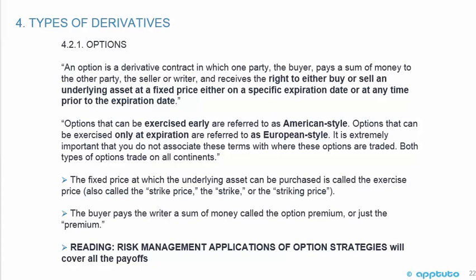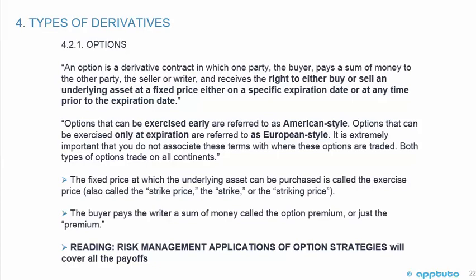Now in the text in this chapter, there are quite a few pages with charts and the payoffs, but in the reading on risk management applications of option strategies, we'll cover all the payoffs. So I'm not going to get into the charts at this point with regards to this LOS. We'll get into it later on in another learning outcome statement. Okay, just be clear on that.